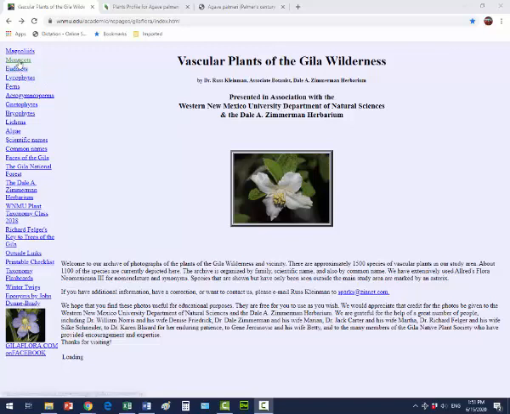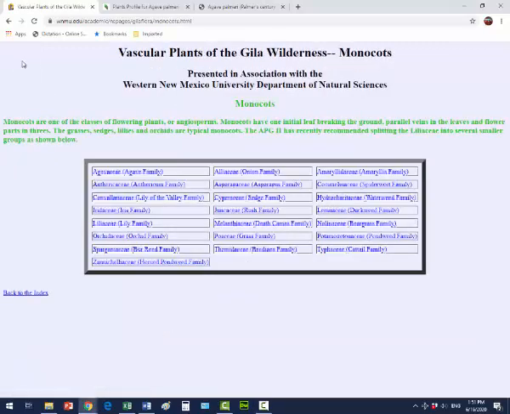So let's take a look at the monocots. This is what's nice about Gila Flora. Once again, I just hit on monocots, and it tells us what monocots are. It's a class of flowering plants. The flowering plants are also known as angiosperms. They have one initial leaf breaking the ground, one leaf breaking the ground at the beginning.